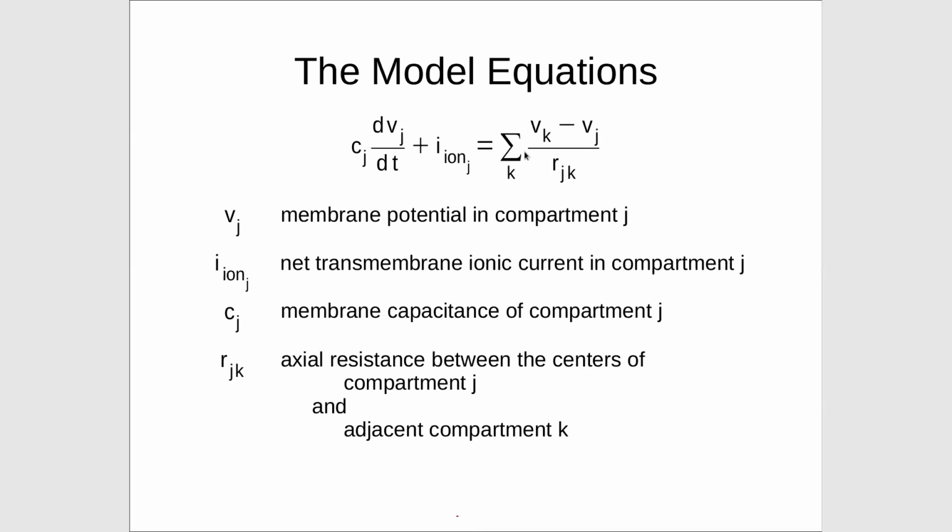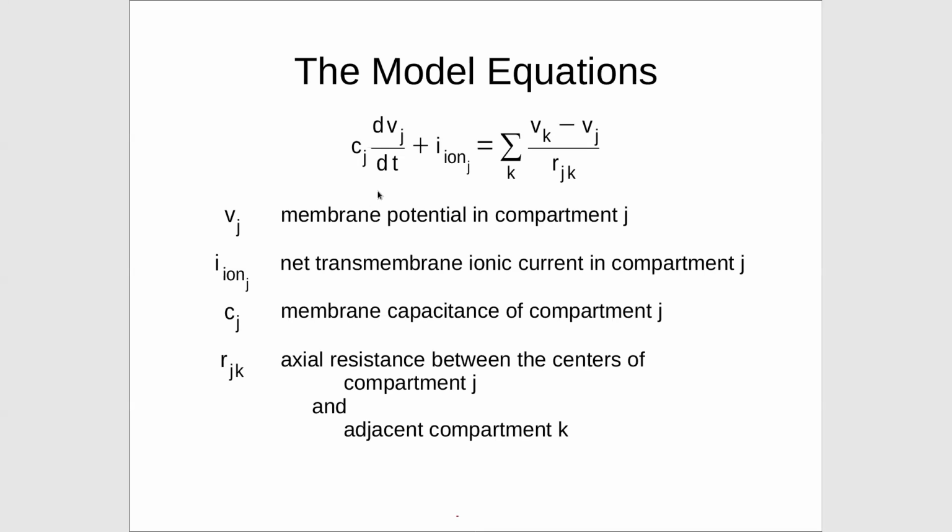So the jth compartment has got neighbors K, and the axial currents that enter compartment J from neighbors K is the sum of all these individual currents, where the resistance is the resistance between compartment J and one of its neighbors. And VK is the membrane potential of that particular neighbor, okay?